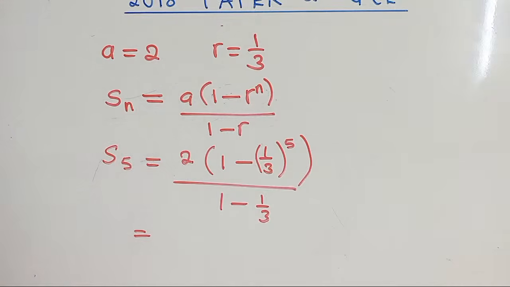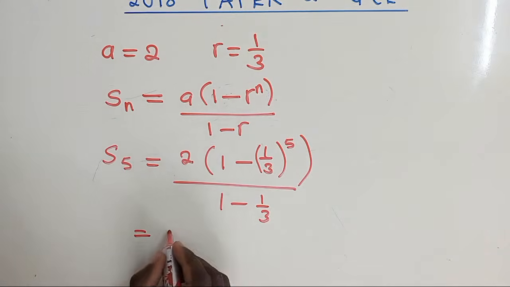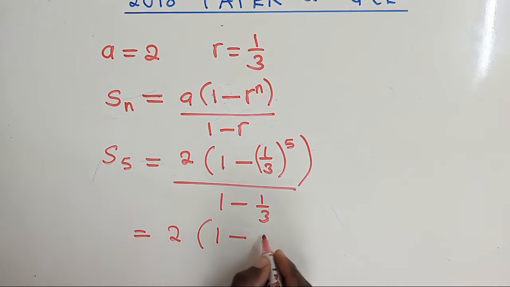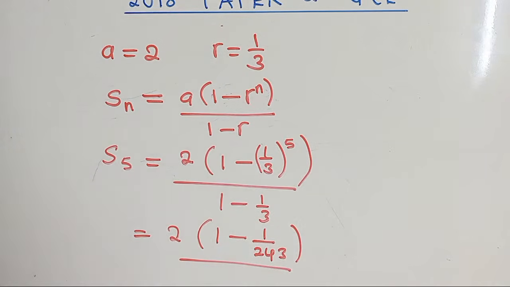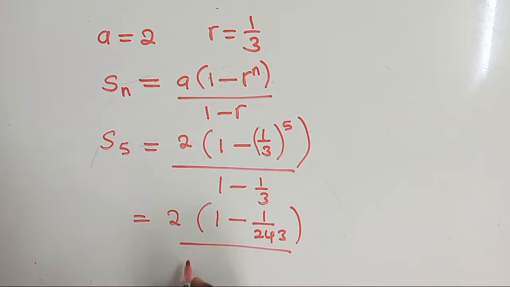So when you simplify here, we shall have 2 times 1 minus 1/243, over the denominator.